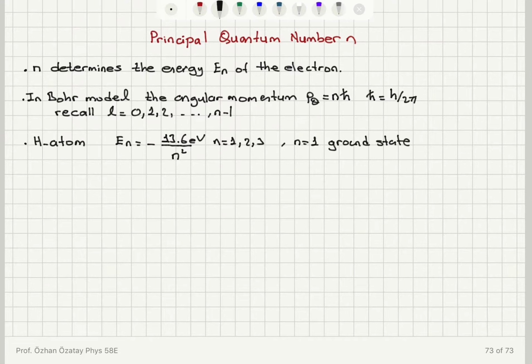And this 13.6 basically comes from the Bohr model, so you can see it has a dependence on the mass of the electron, the charge of the electron, the permittivity of free space, and h bar squared.